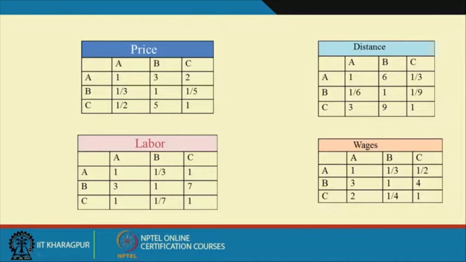Now, you see there are 3 options A, B and C, because we have to take a decision on which location is preferred over the other. Whether we are going for a single option is another question, we do not know. This is only given to us, there are 3 locations.